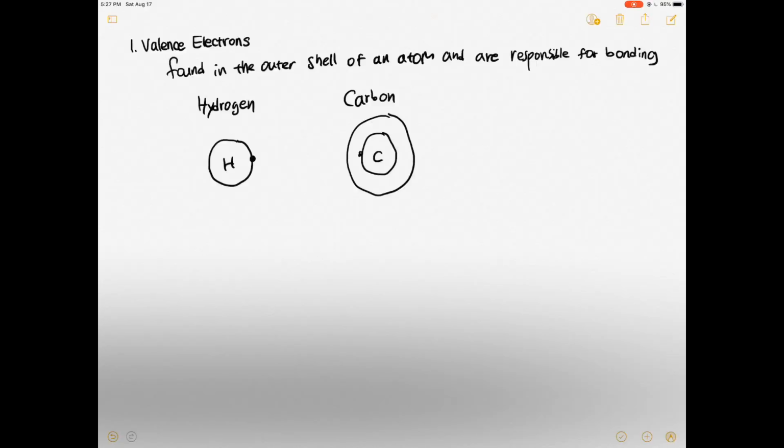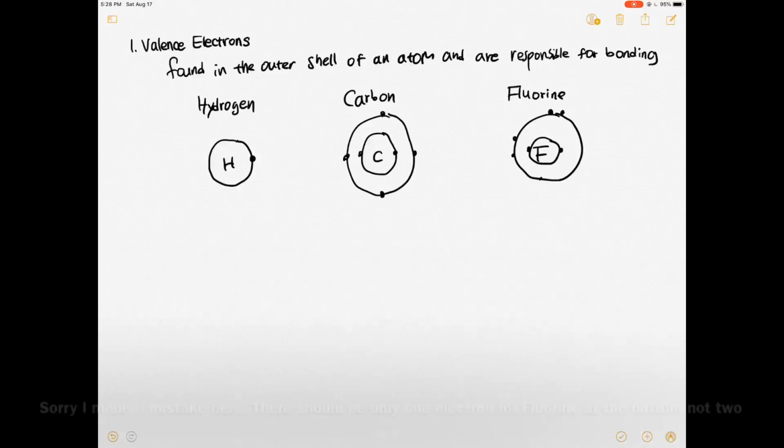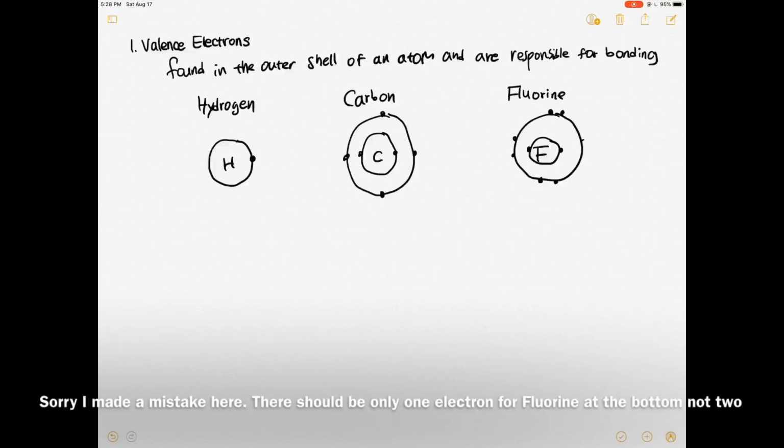So 1, 2, 4, 5. Cool. And then you have your fluorine, F, 2 shells.